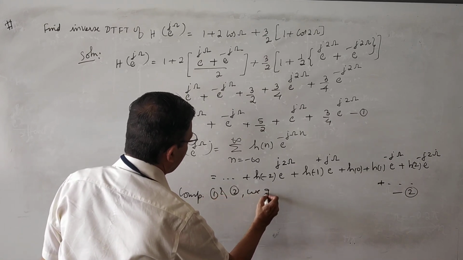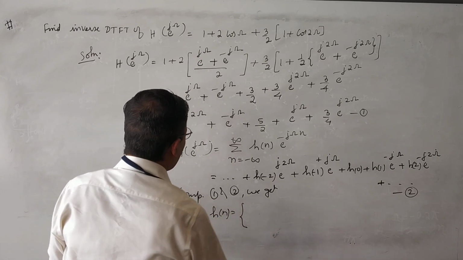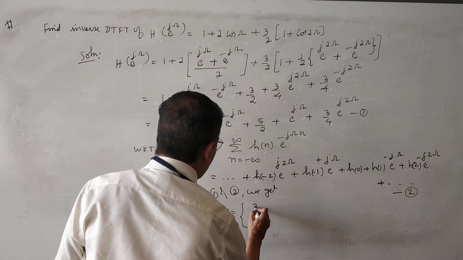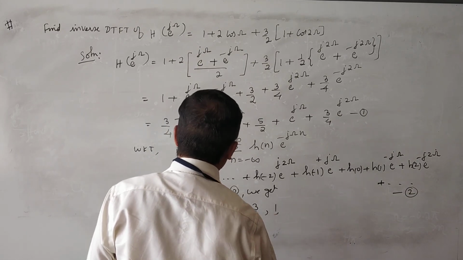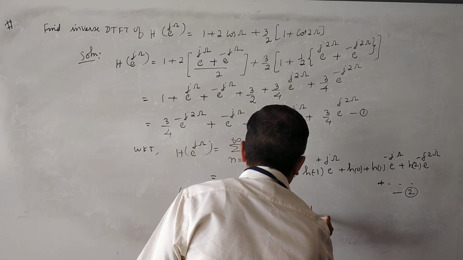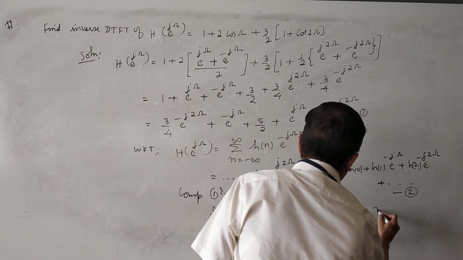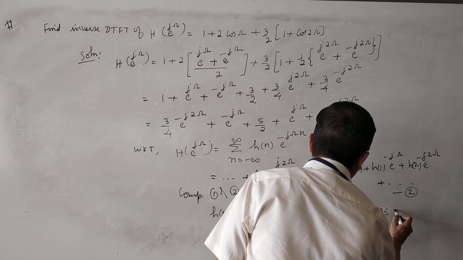Comparing 1 and 2, we get h of n equal to 3 by 4, 1, 5 by 2, 1, 3 by 4. This is for n varying from minus 2 to plus 2.